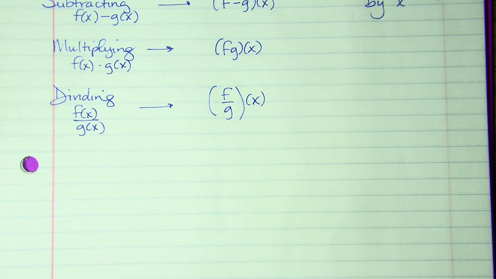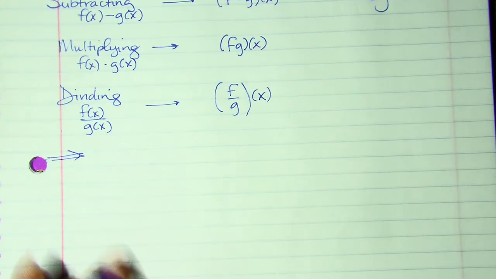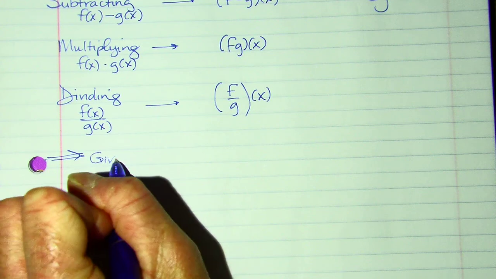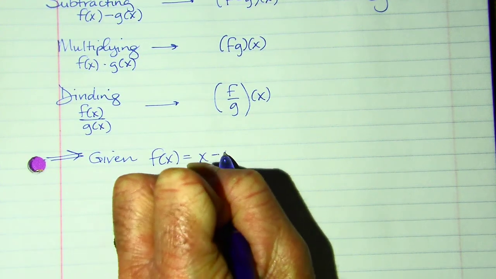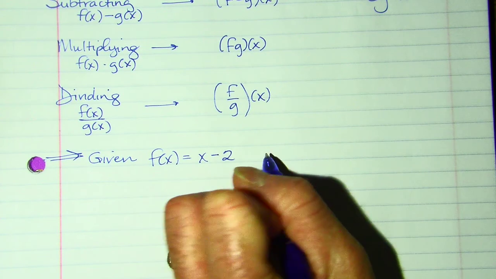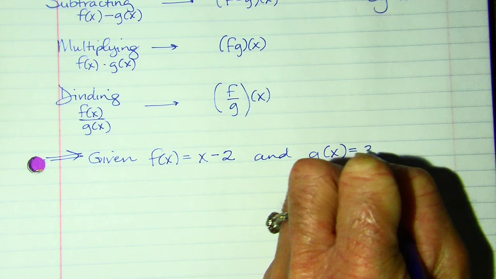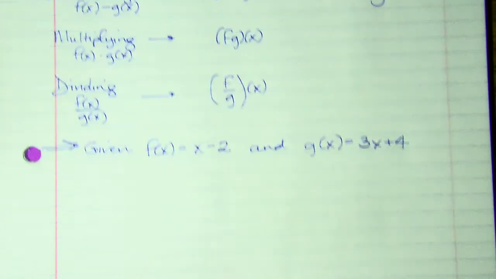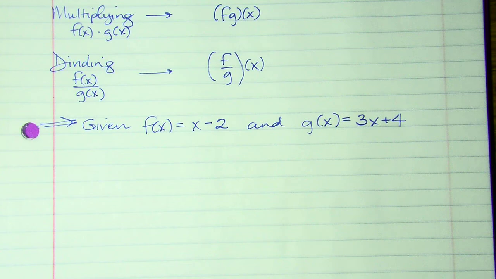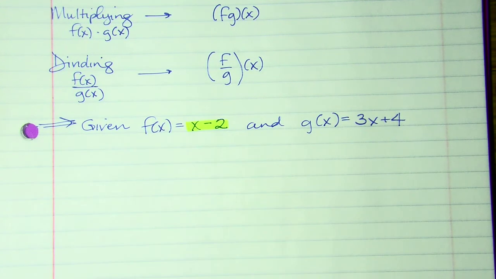Now, I know that looks crazy, so I'm going to show you what I mean by all this. We're going to do some together. So here we go. I'm going to give you two functions. So given f of x equals x minus 2 and g of x equals 3x plus 4. Now I'm going to do several parts with you. So here are two functions. Remember, f of x is just a way to name x minus 2.